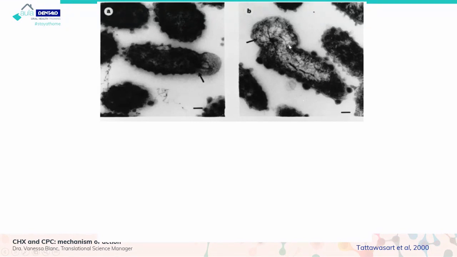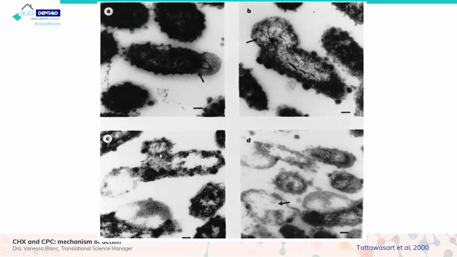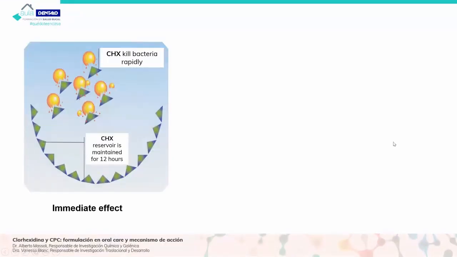Here you can see, after 30 minutes, the cell lysis. Now this cell is dying. And after 60 minutes, 1 hour, we can only observe a bacterial ghost. This is the typical structure that we call a bacterial ghost, completely dead.